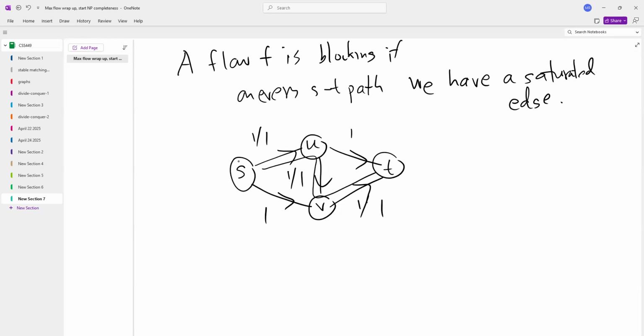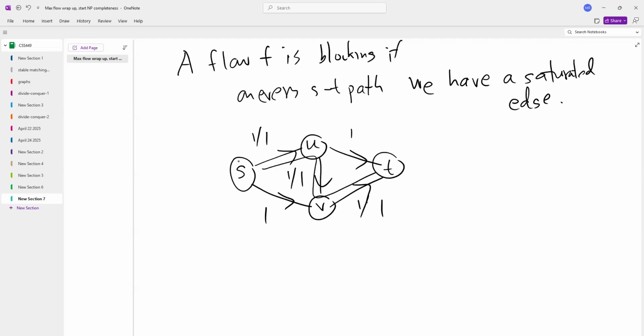So that's a blocking flow. A blocking flow does not mean it's going to be optimal, because we are just greedily adding flow until we cannot do anything else. But the idea of blocking flow is that it is a building block that we use to make flow computation faster.